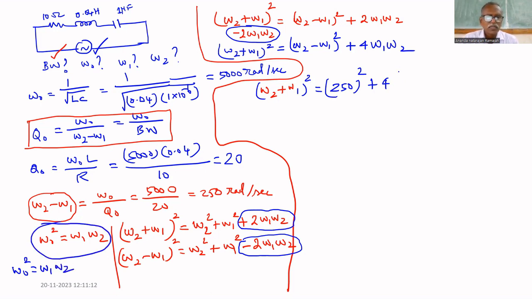So that is equal to 4 times omega naught square, 5000 square. That's all. So you will get omega 2 plus omega 1 whole square. If you find the square root, you will get omega 2 plus omega 1 equal to how much? 10,003, I think.